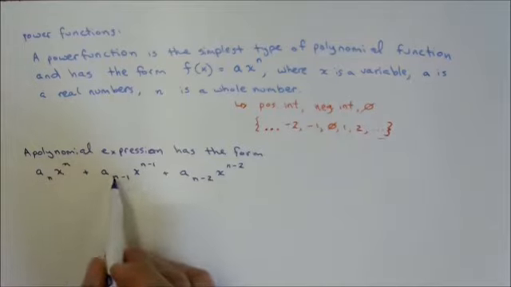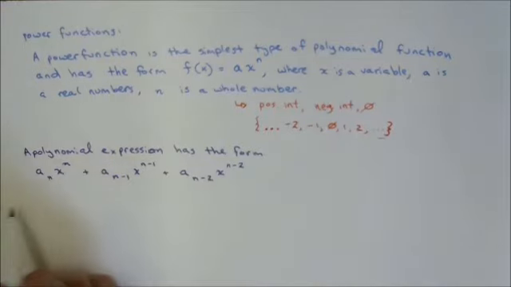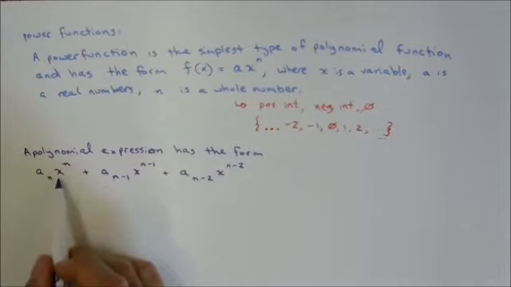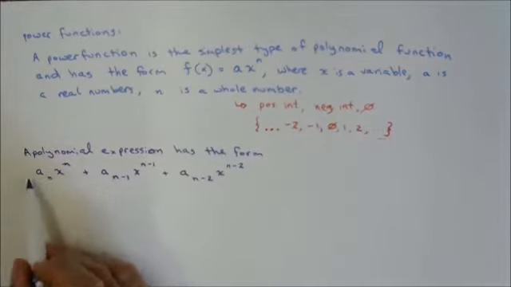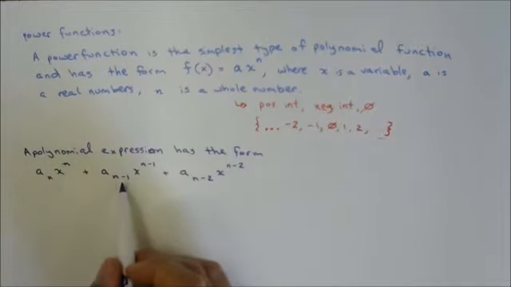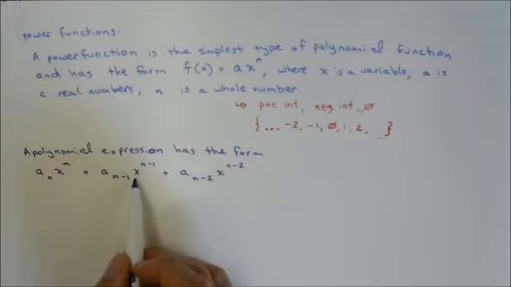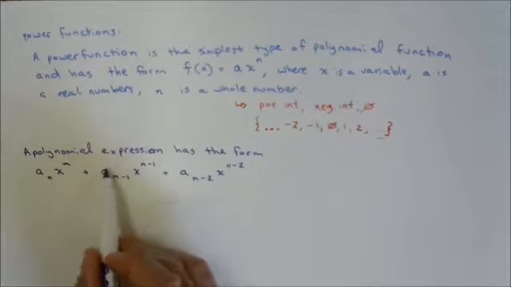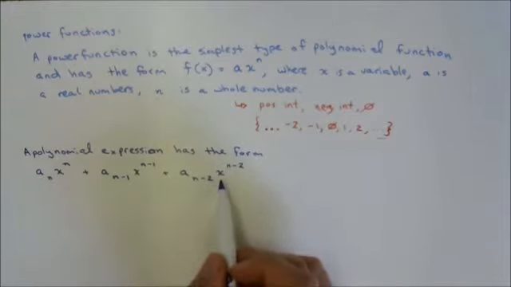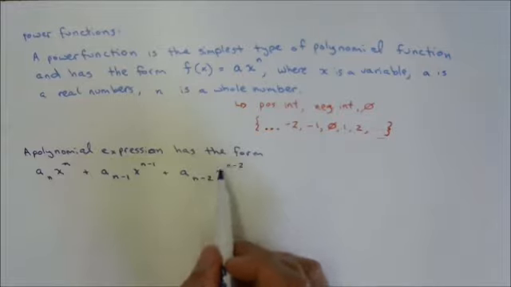If you're looking at something to the power of 5, then a sub n is the fifth coefficient. If you're looking at the next term, which could be x to the power of 4, then this would be the fourth coefficient, a sub 4. So a just represents a coefficient, and it matches the variable that is raised to that same power.